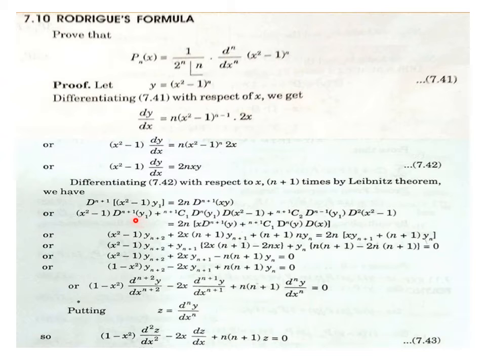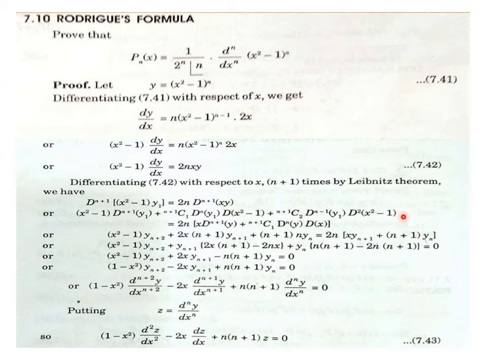So n plus 1 c1, d n plus 1 y1 is decreased by one integer, so it's d n y, and x square minus 1 is now replaced by its first order derivative, d of x square minus 1. That will be the story in continuous steps. That is, n plus 1 c1 is replaced by n plus 1 c2 in the next step, and d n y1 is decreased by integer 1, so d n minus 1 y1, and d of x square minus 1 is increased by one, so it's d square of x square minus 1.